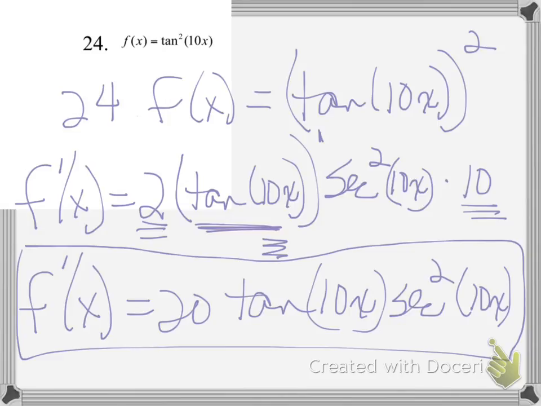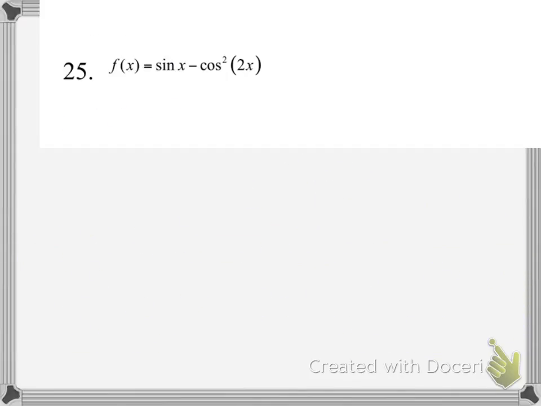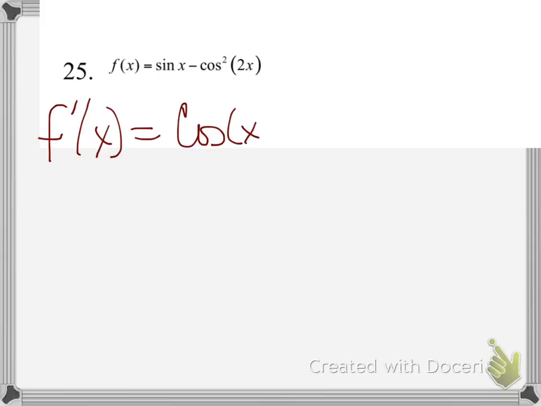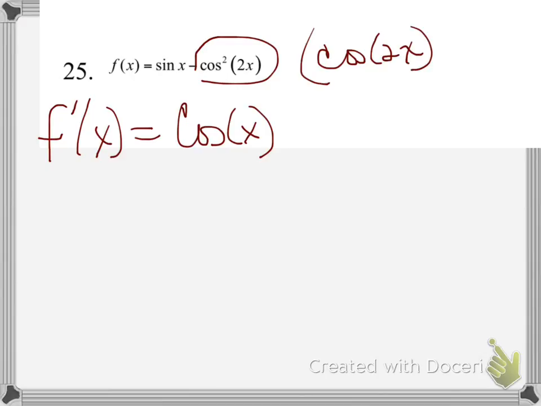Okay, let's do number 25. Okay, 25, I see I have a trig function again. So let's start taking the derivative. The derivative of sine x is just plain old cosine x. Okay, minus. Now I have a power. So I could have taken this and written it as cosine 2x the whole thing squared. That would be safer. Now let's start working through that derivative.